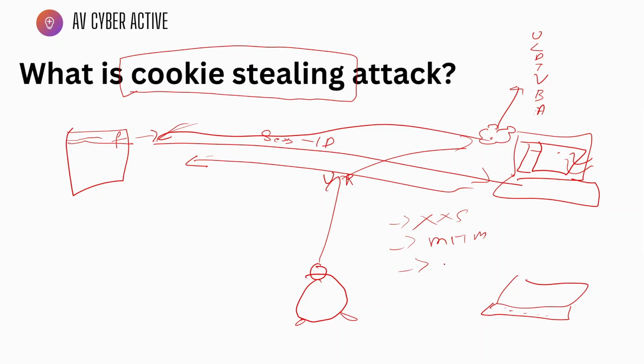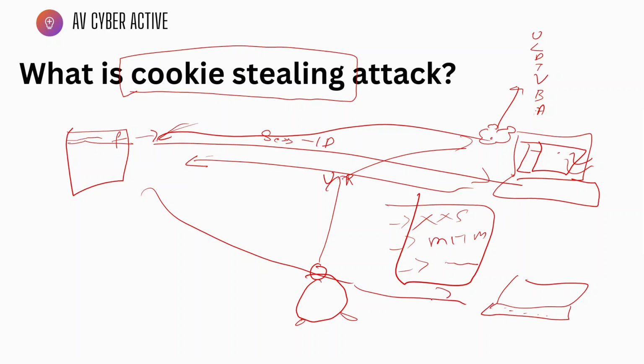And there are many other ways it will try to get that cookie. Now this whole thing is an example of a cookie stealing attack, where it tries to get that session cookie and impersonate you as if the traffic was originating from you.